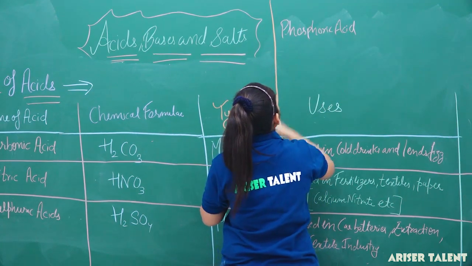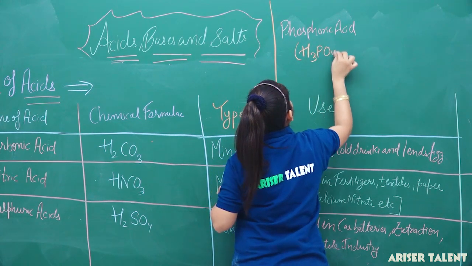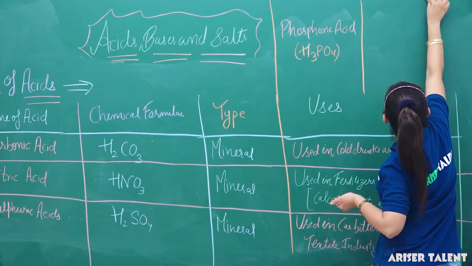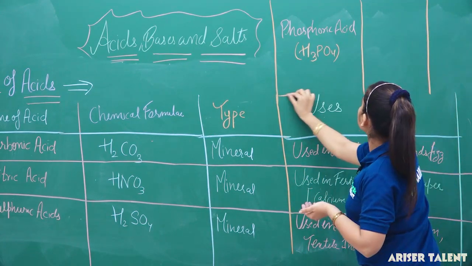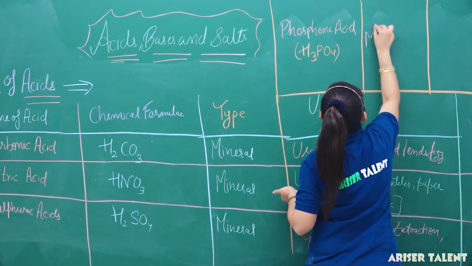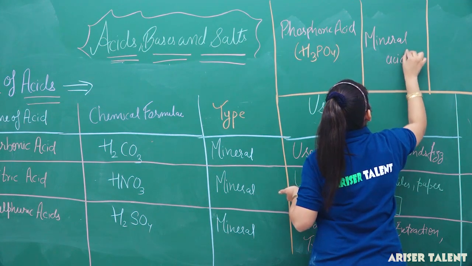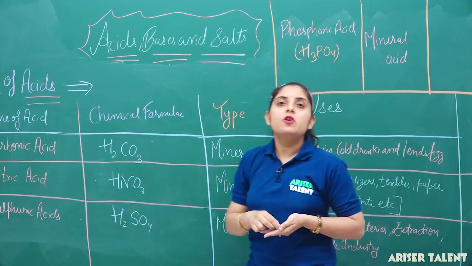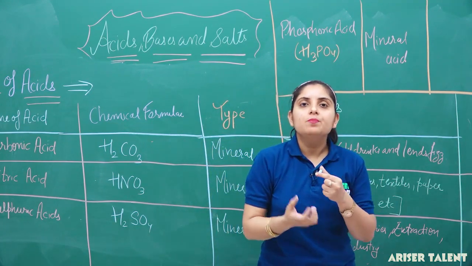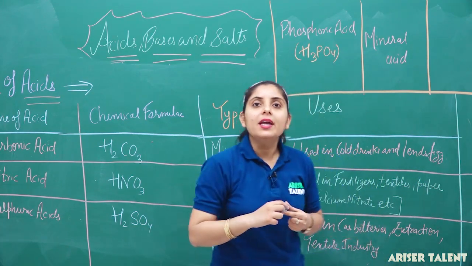Now this is again categorized in the category of mineral acids, and phosphoric acid is usually meant to be used in unrust paints, that is in the industry, and it is used for making fertilizers.